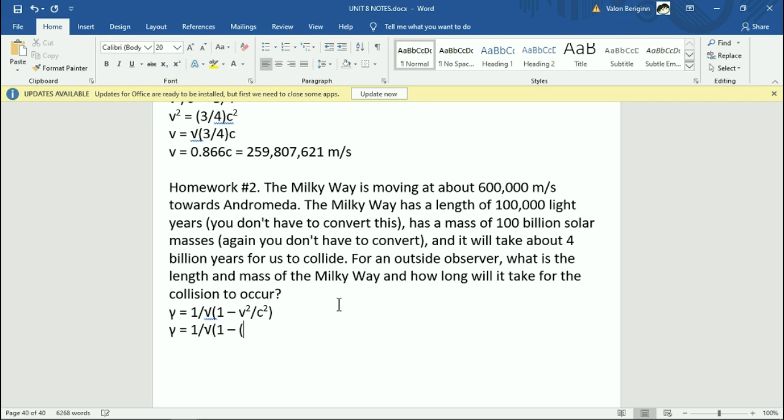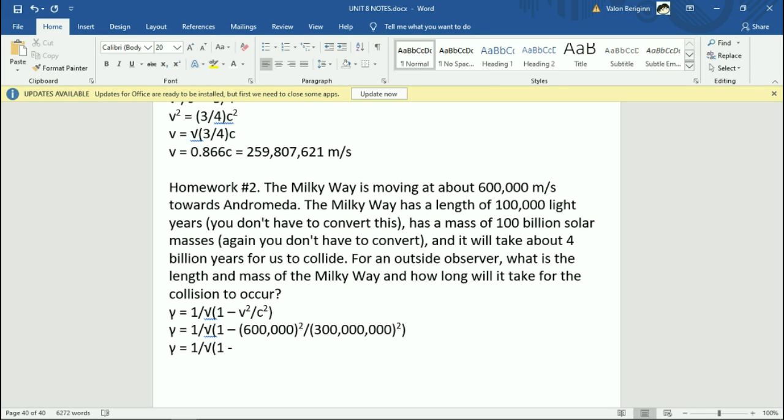So we have 600,000 squared divided by 300 million squared. I'm going to use scientific notation just to make it easier.